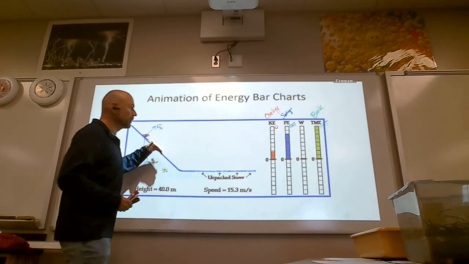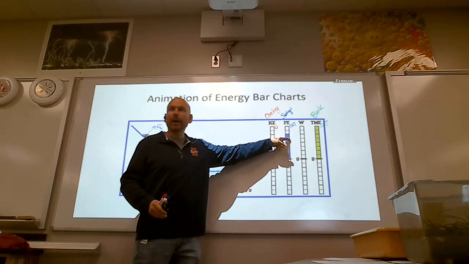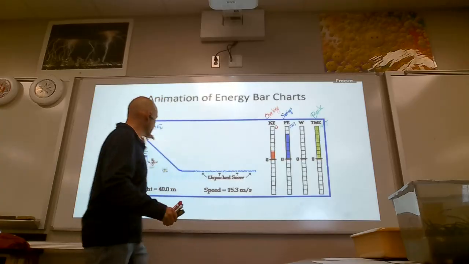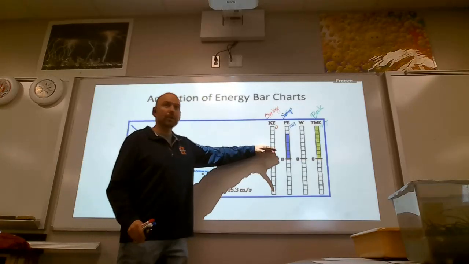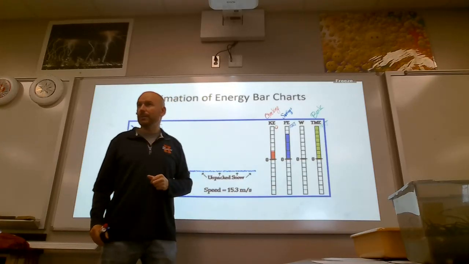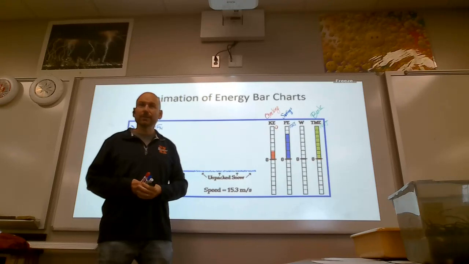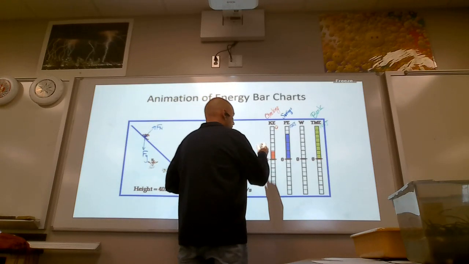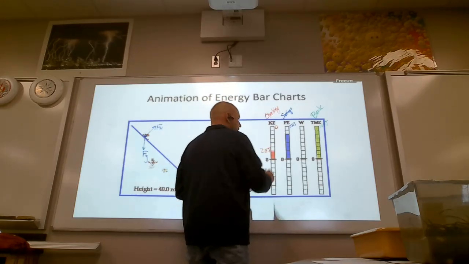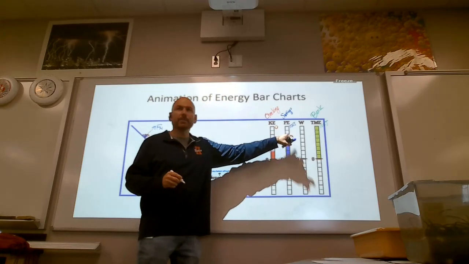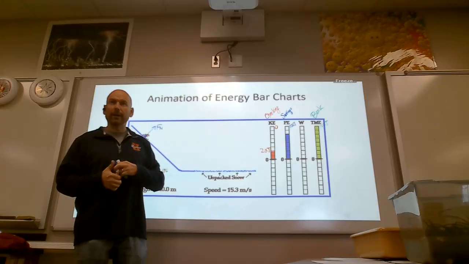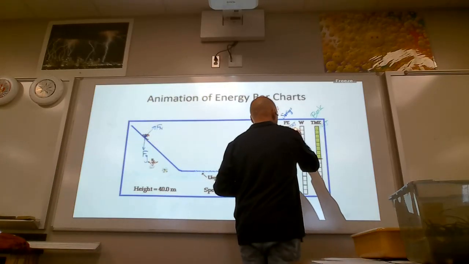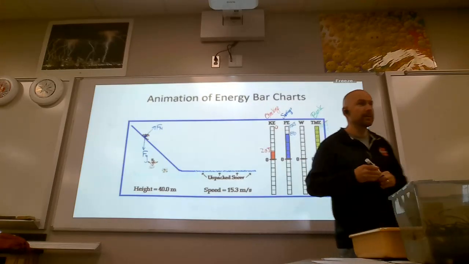As it goes down the hill, we're decreasing your height, so you're decreasing potential energy, but you're also speeding up, so you're going to increase your kinetic energy. Does that make sense? So let's say you had 20 joules of kinetic energy. How much potential energy do you have now? You have 80, because you know the total money in the bank is still 100.